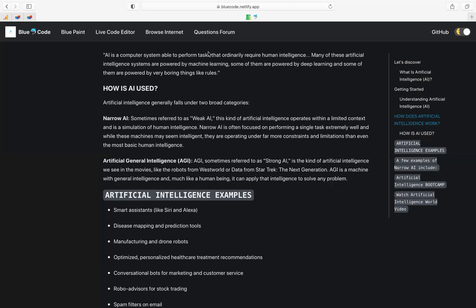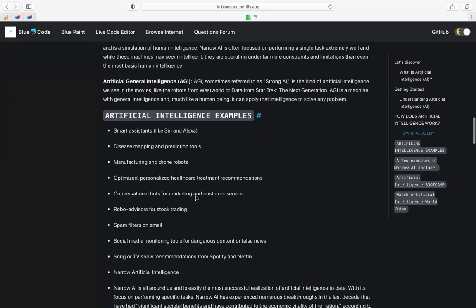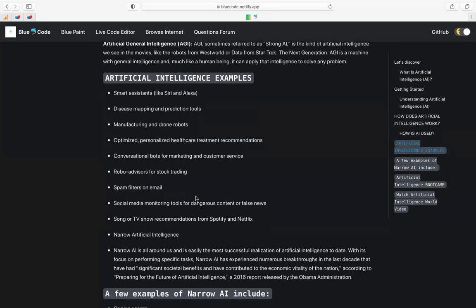That type of artificial intelligence is called strong artificial intelligence or general artificial intelligence. Please, any questions with these two so far? Right. If there are no questions, now examples of artificial intelligence.